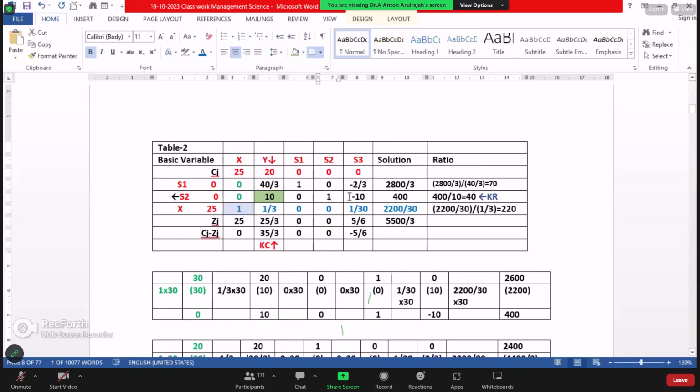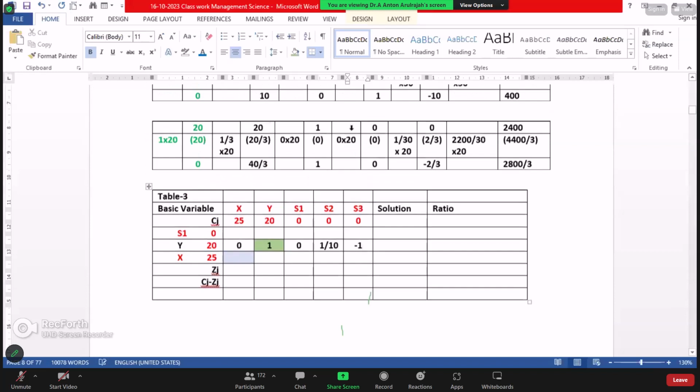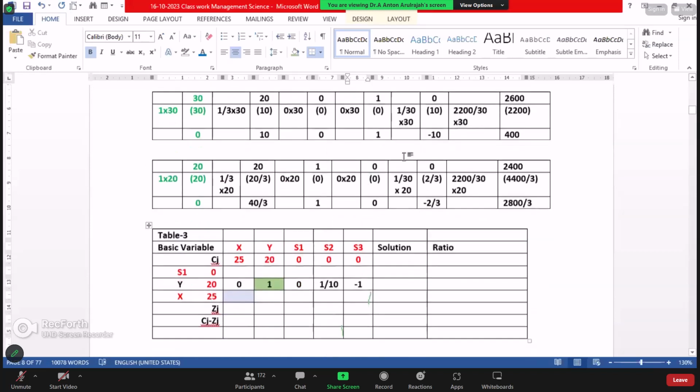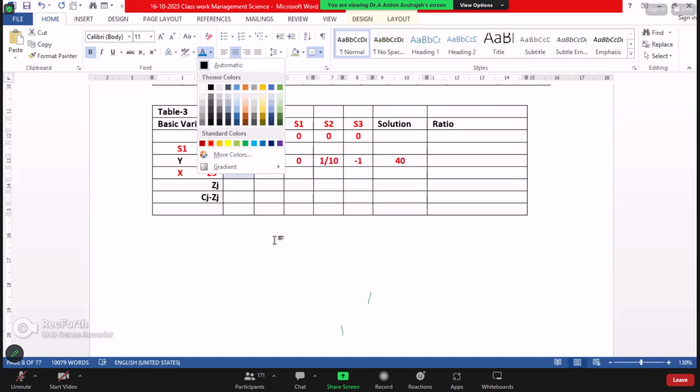Then minus 10 divided by 10, minus 1, and finally 400 divided by 10, that is 40. Now this is the new row. Right? This is the new row we have considered. I have made it as a vector, the new row. Okay.